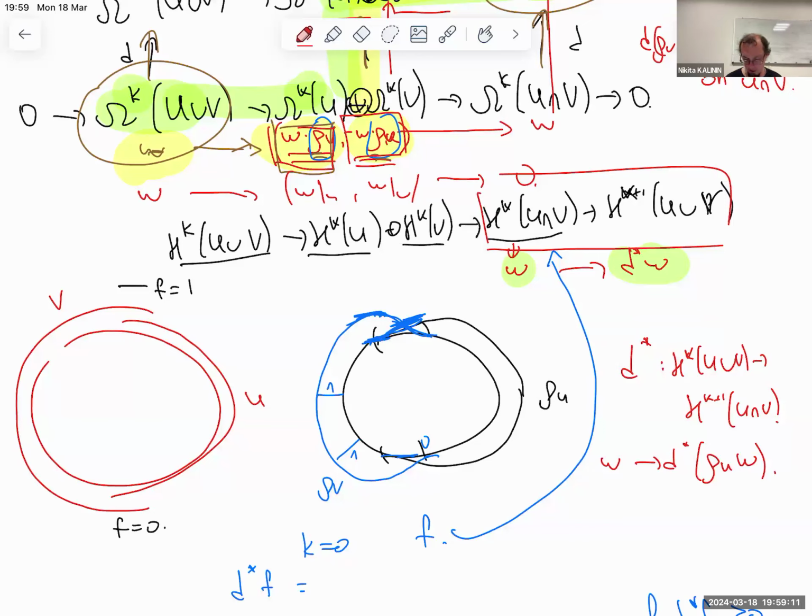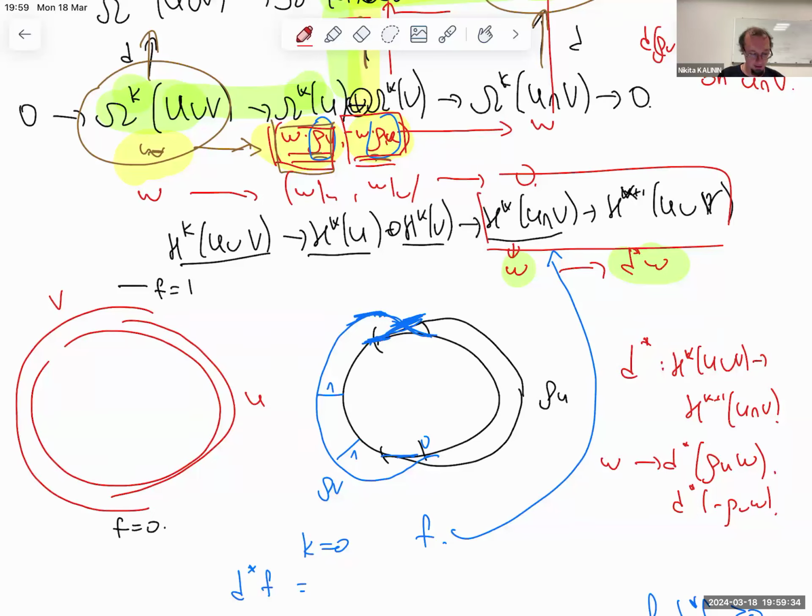Or, the same, you can send it to d of minus rho V omega. It is the same form. Okay, I think we proved it, one way or another.